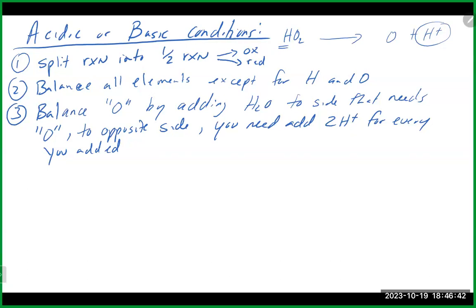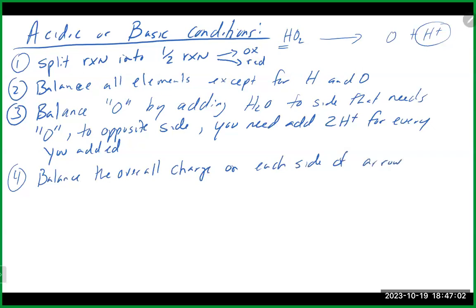All right, once you've added the water, once you've added your H pluses, you are now ready to balance the overall charge on each side of the arrow by adding electrons.